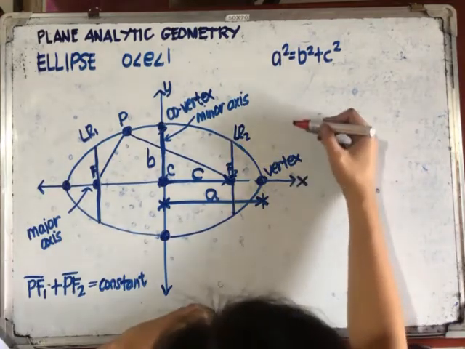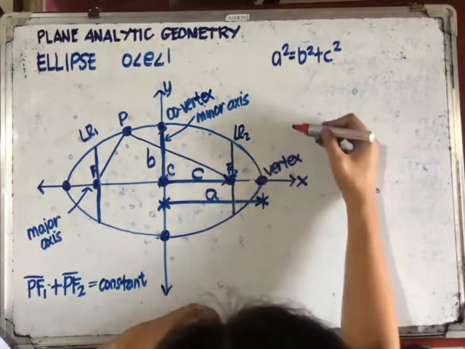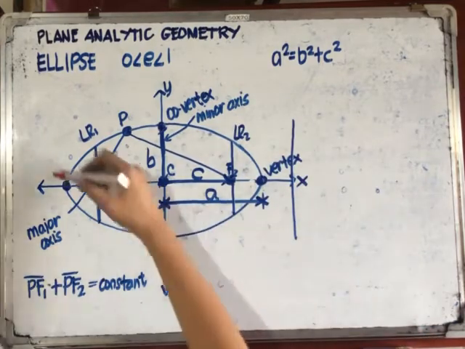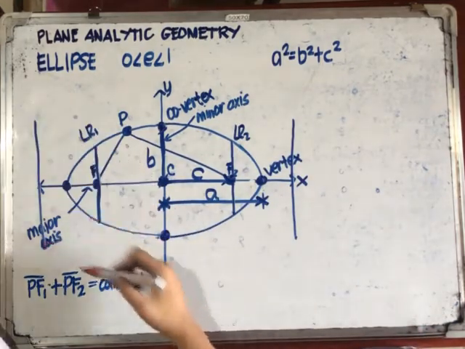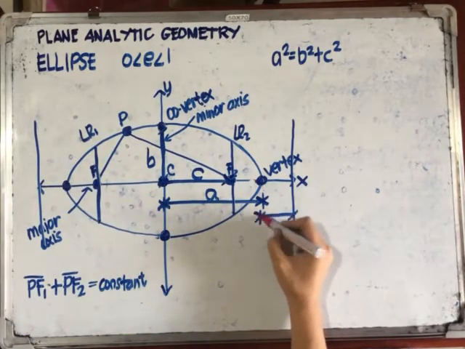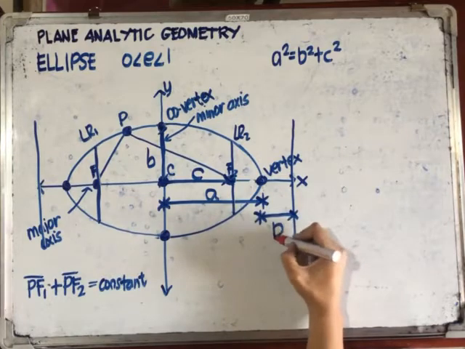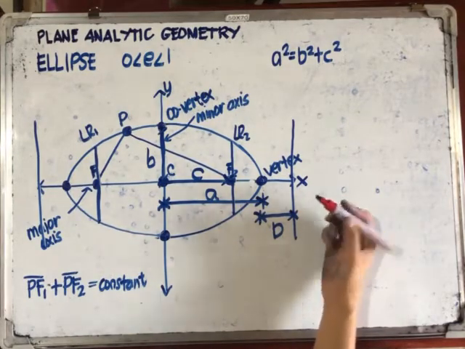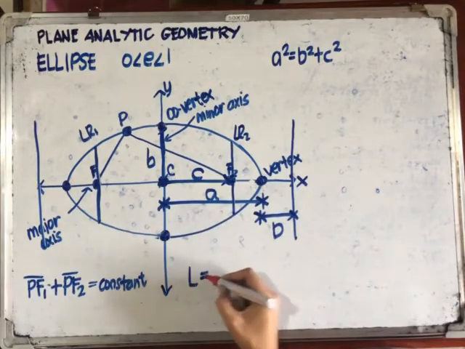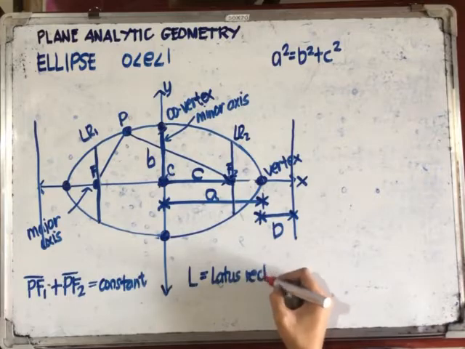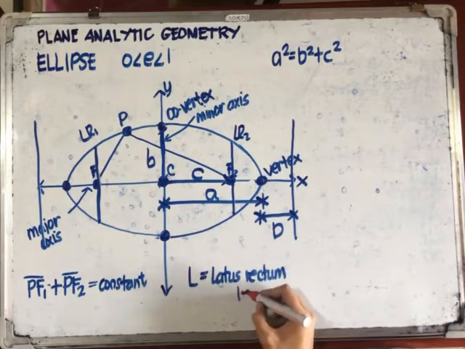Ang directrix natin is kung andito yung latus rectum, parallel siya dapat. Ito yung directrix natin. Directrix. This distance here is our distance D. Okay? Ang latus rectum distance natin, we denote that with letter L. Latus rectum length. Letter L.